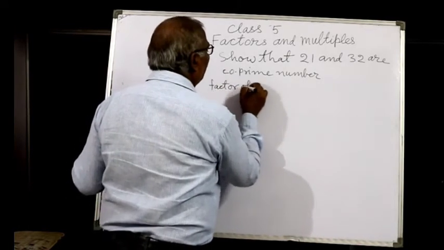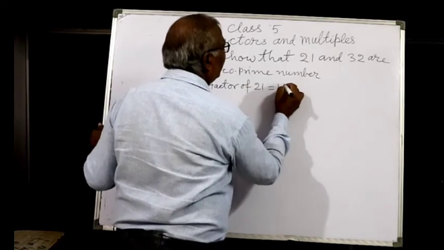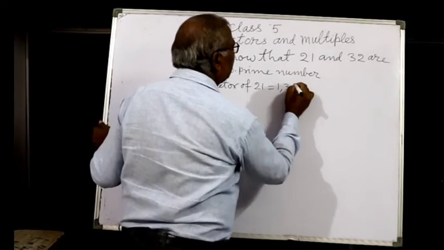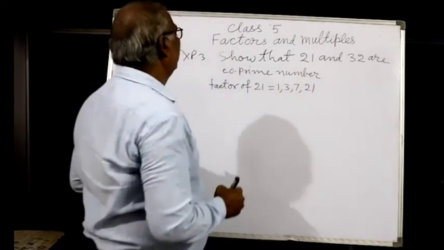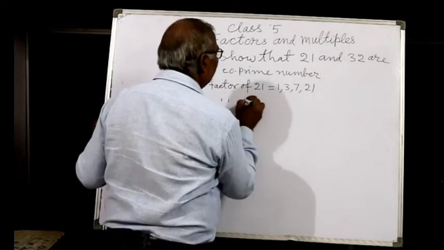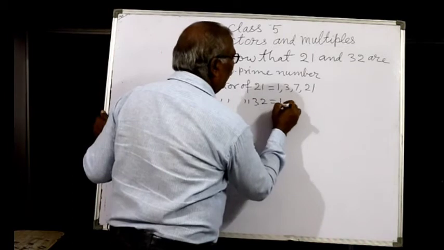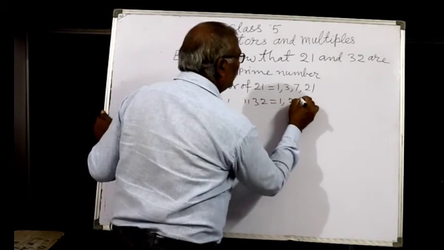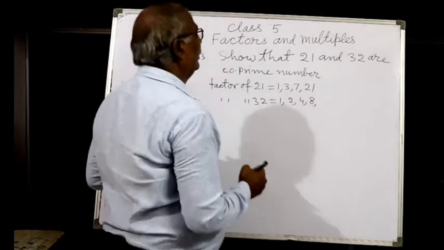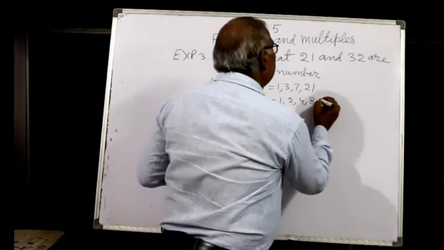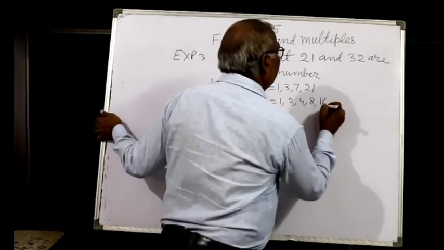Factors of 21 are 1, 3, 7 and 21. And factors of 32 are 1, 2, 4, 8 and 16 and 32.